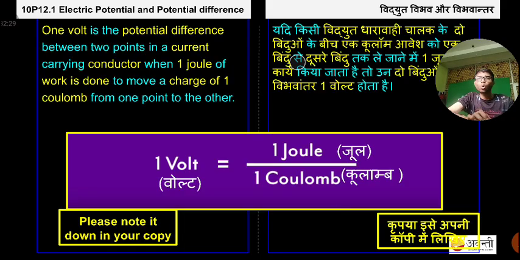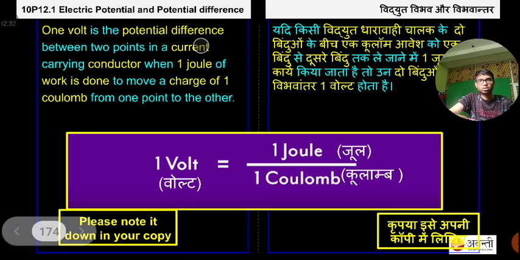Here, 1 volt is the potential difference between 2 points in a current-carrying conductor, when 1 joule of work is done to move a charge of 1 coulomb from one point to the other.